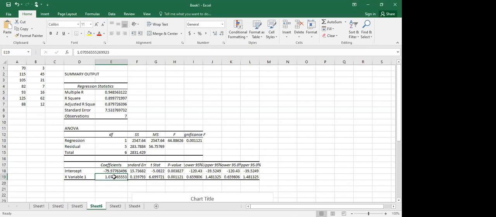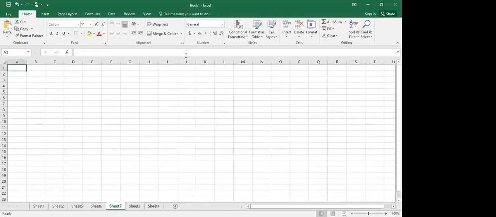This value B is the coefficient of the X variable. Those are the values A and B that we just described, which define the regression line. We are going to look at another example, and I will come back to Excel again.